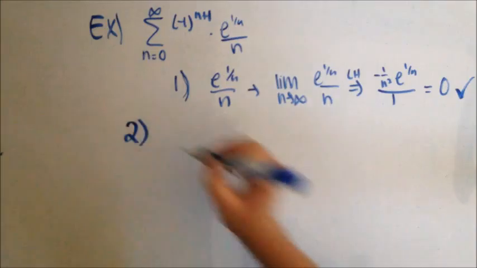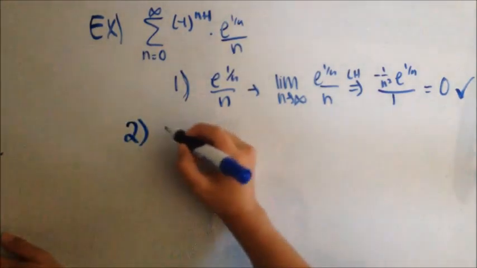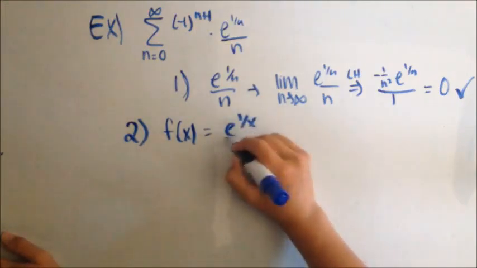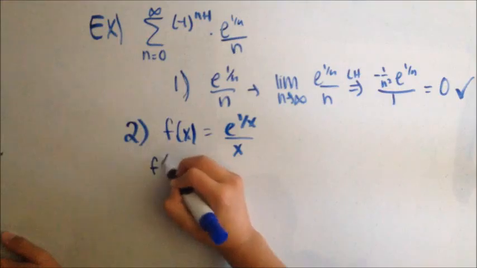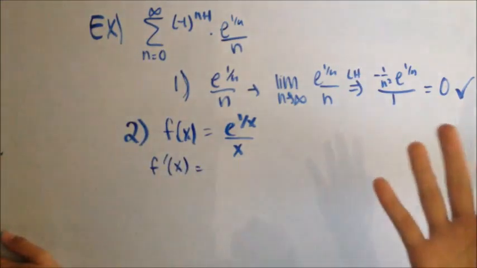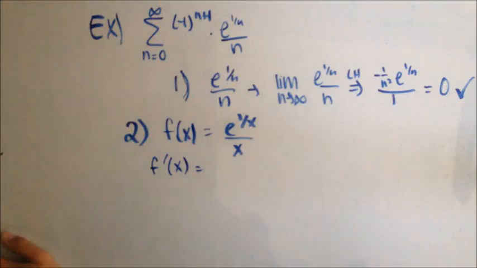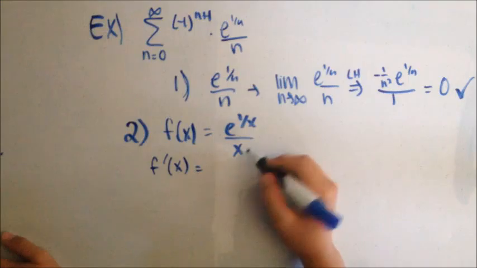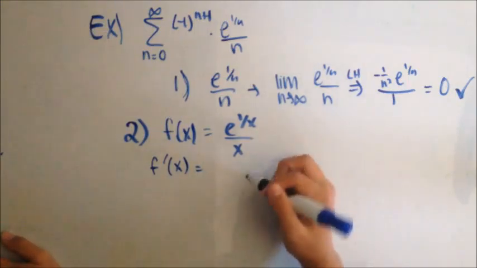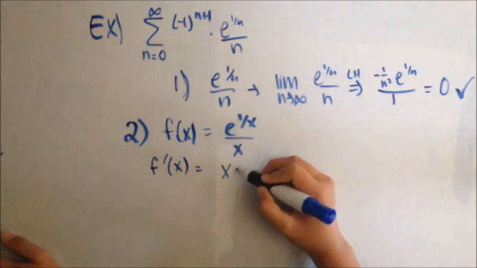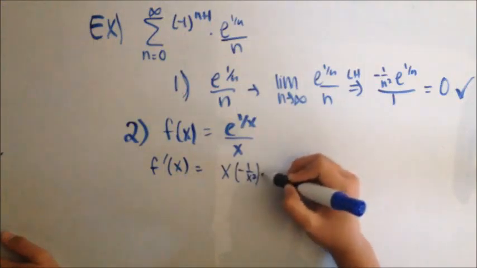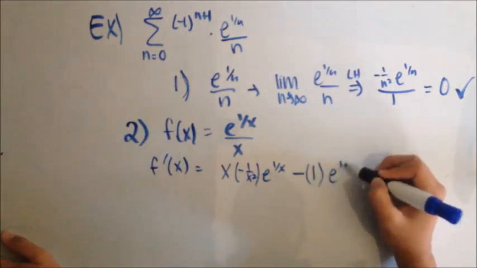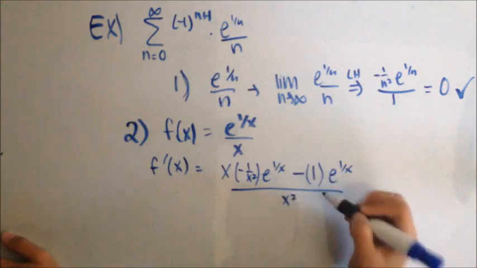The second step is going to be a little more complicated because we're going to have to use the derivative. So if we were to set our function equal to e to the 1 over x all over x, we could use f prime of x to see when the function is decreasing, and that's exactly what we want in the alternating series test. So we're going to have to use low d high minus high d low, draw a line, square below. So it's going to be times e to the 1 over x minus 1 times e to the 1 over x all over x squared.